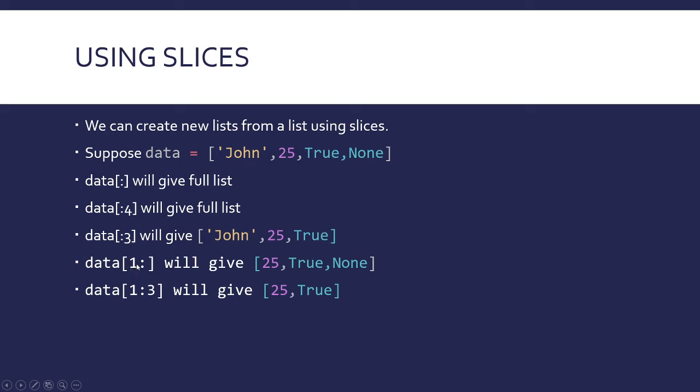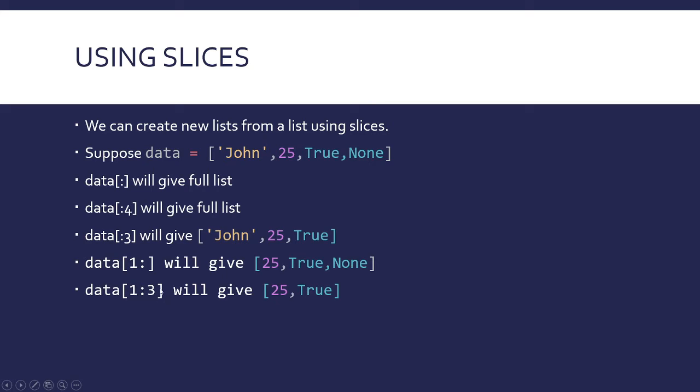If we give an index before the colon, it will take that index into consideration, unlike the above case. If we give 1 then colon, it will take 25 and print the rest of the list from 25. Basically, if we don't specify anything after the colon, it will render all the elements till the end of the list.